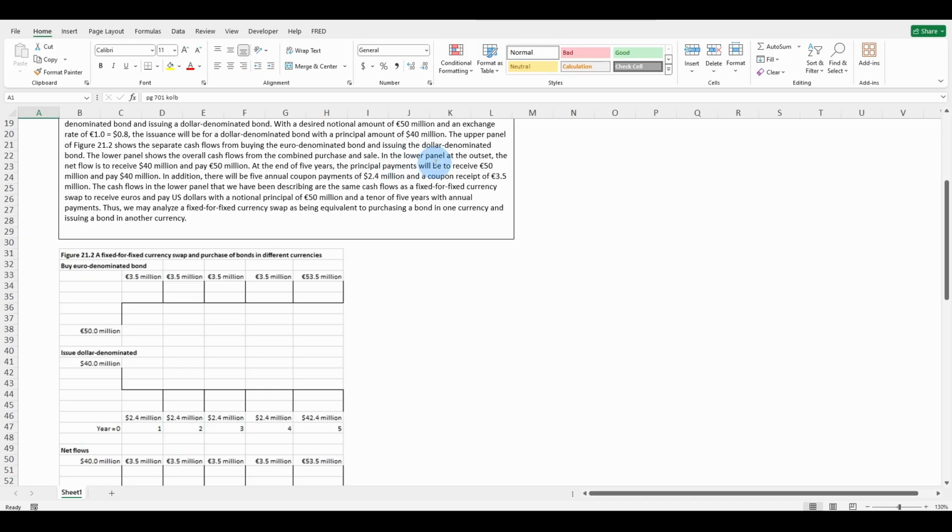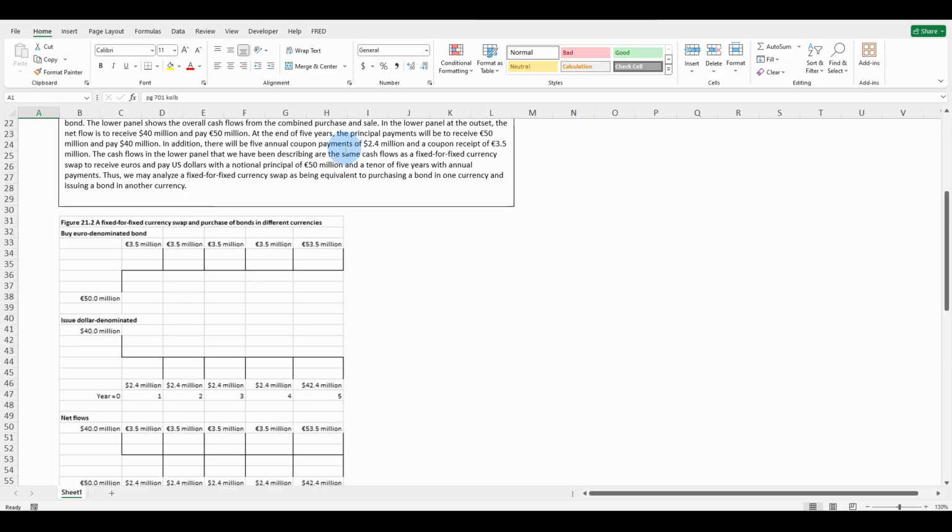In the lower panel, at the outset, the net flow is to receive 40 million and pay euro 50 million. At the end of 5 years, the principal payments will be to receive 50 million euro and pay 40 million US. In addition, there will be 5 annual coupon payments of 2.4 million and a coupon receipt of euro 3.5 million.